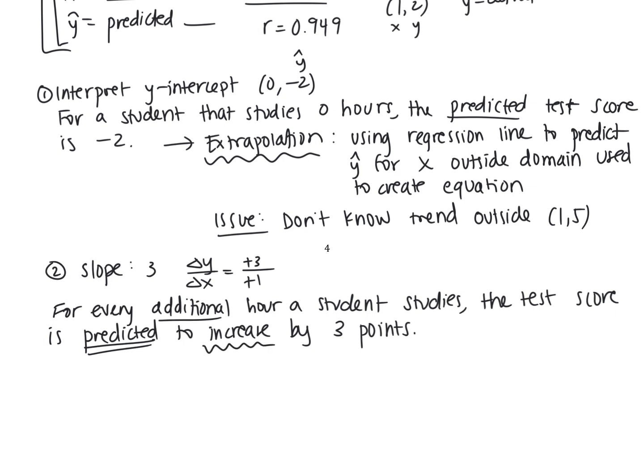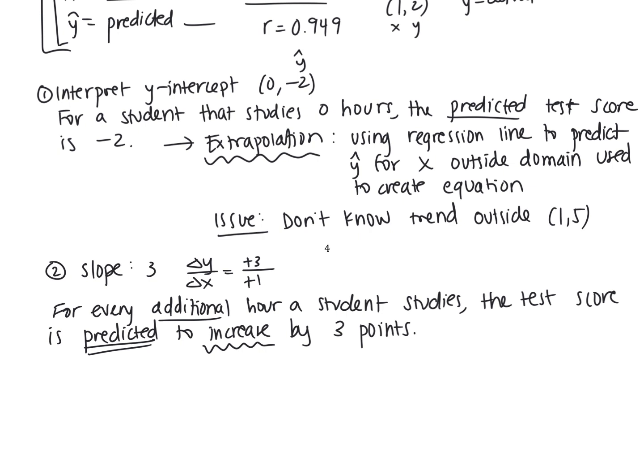Any of the words I underlined are the most important ones. So it's important to say prediction or on average. It's important to say increase or decrease to tell me if it's a positive or a negative. A lot of students will leave out this additional.